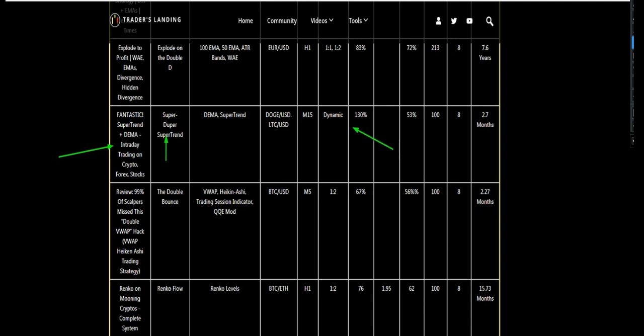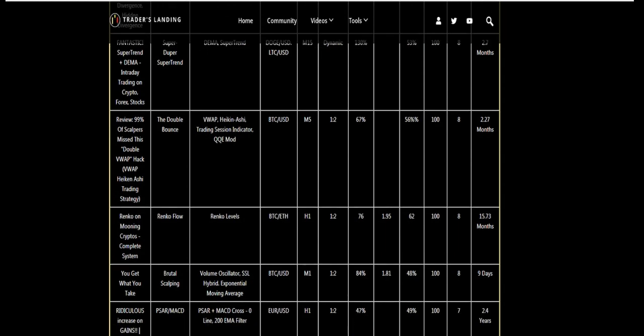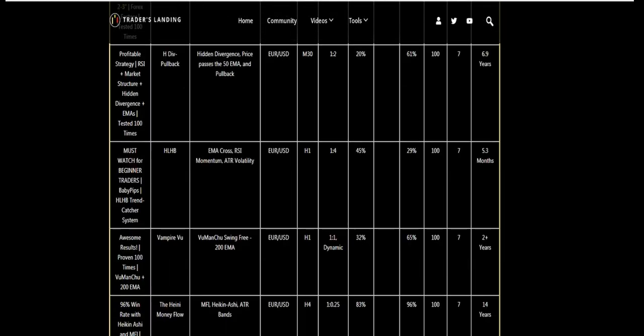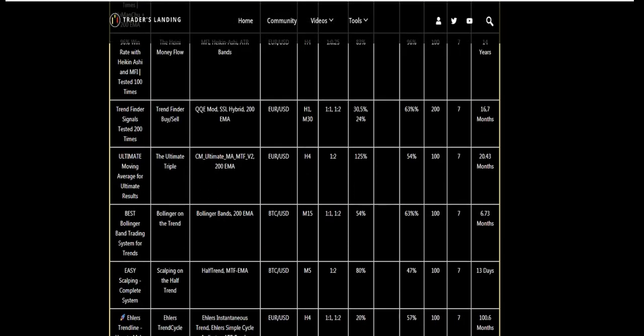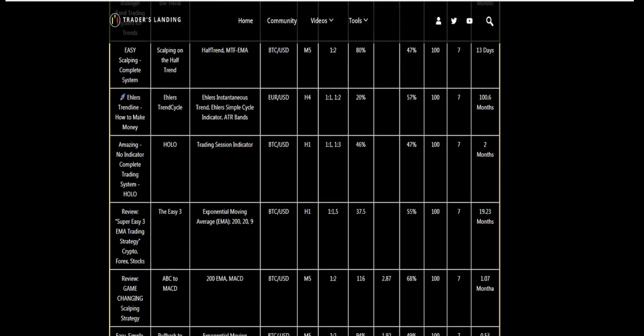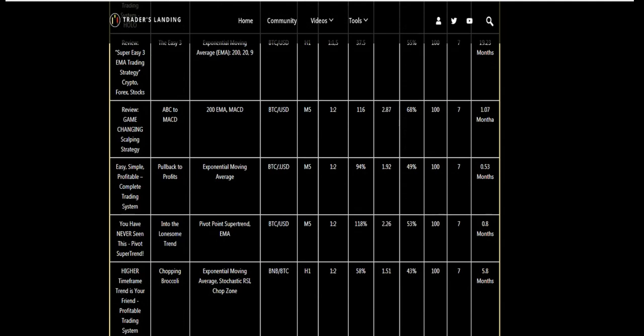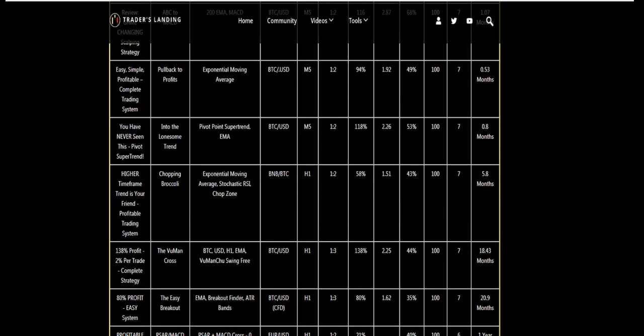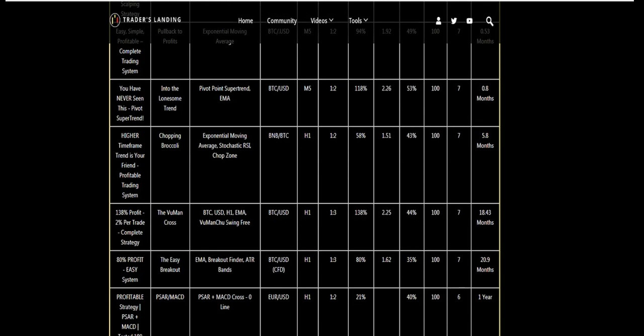Then we have here awesome indicators, for example. So I scroll it down. I have tested many of them. They are fantastic. So explode profit, divergence, hidden divergence. I'm using hidden divergence too with RSI, one of my favorites.